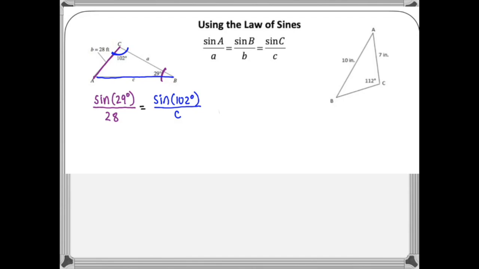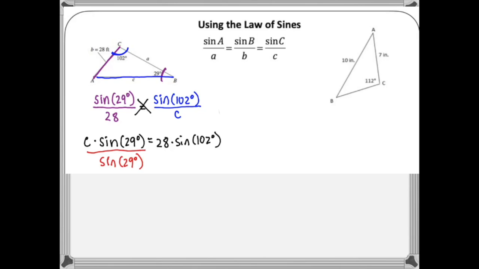So what we need to do then is cross multiply like this, and then we just need to divide through by the sine of 29 degrees to get c all by itself.